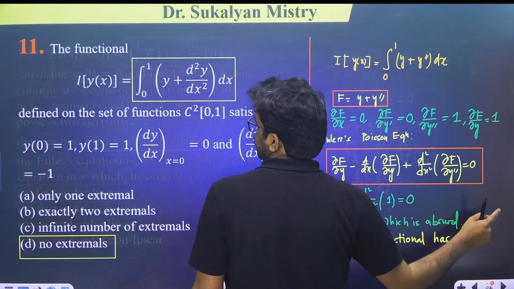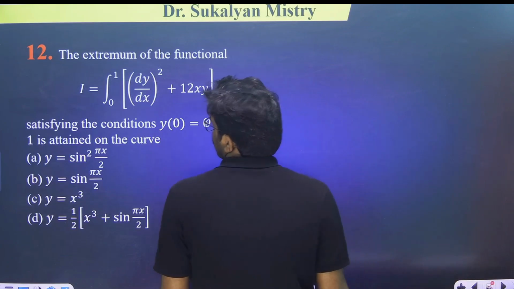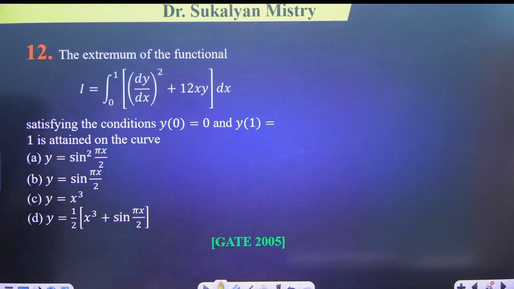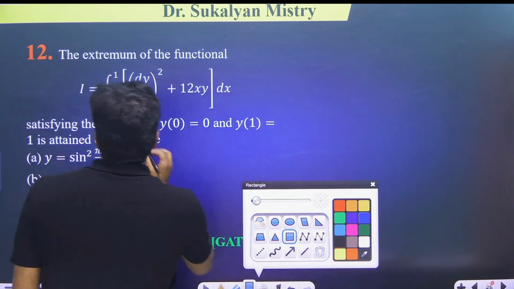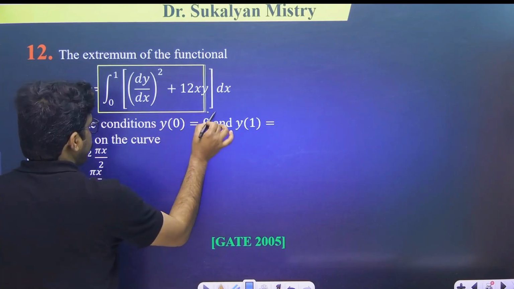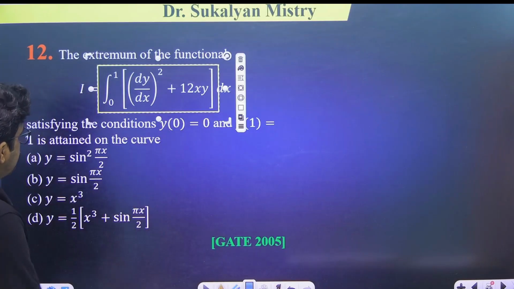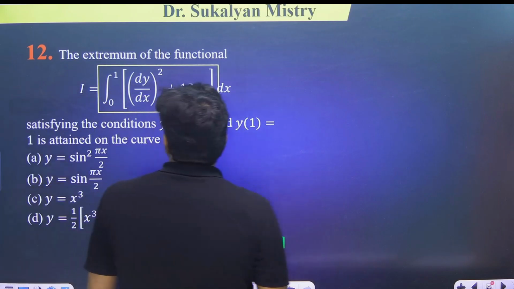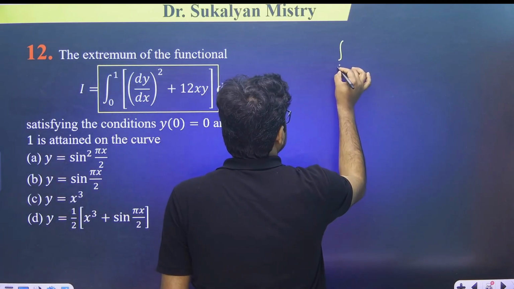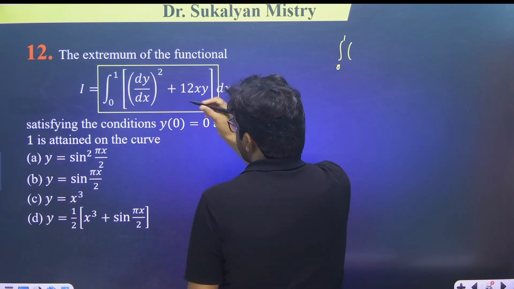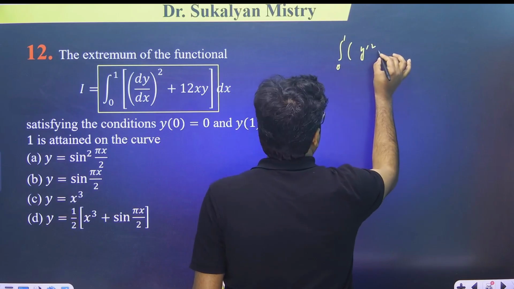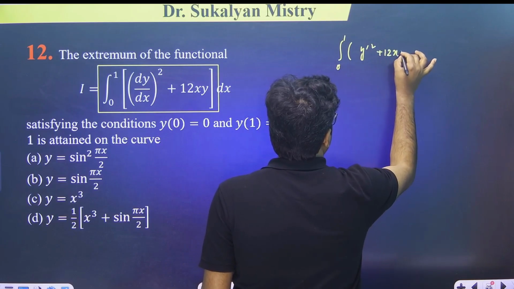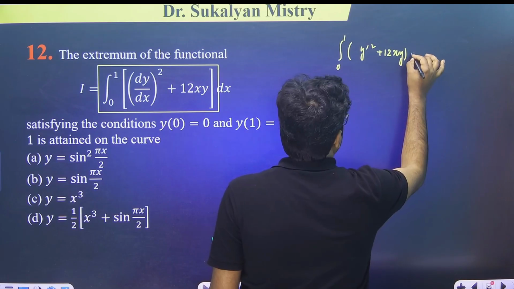Consider the next example. See this problem. The extremum of the functional integration 0 to 1 of (dy/dx) square, that is y dash square plus 12xy, into dx.